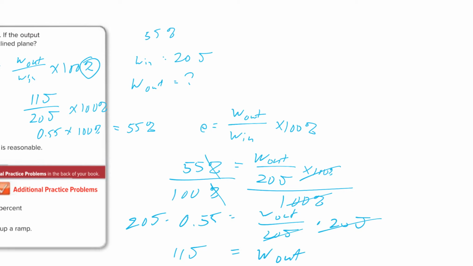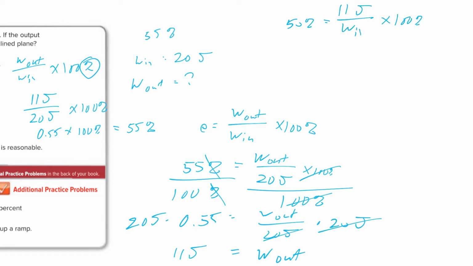Okay. Now, if they gave you a similar problem where they gave you the output work and not the input work, it'd be the same thing. Say 55% equals, say, 11 joules on the top of the equation, divided by work in times 100%.